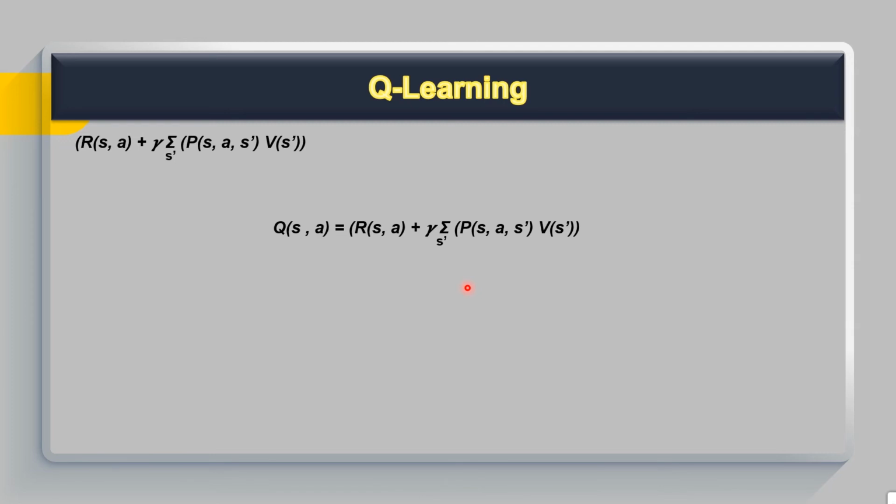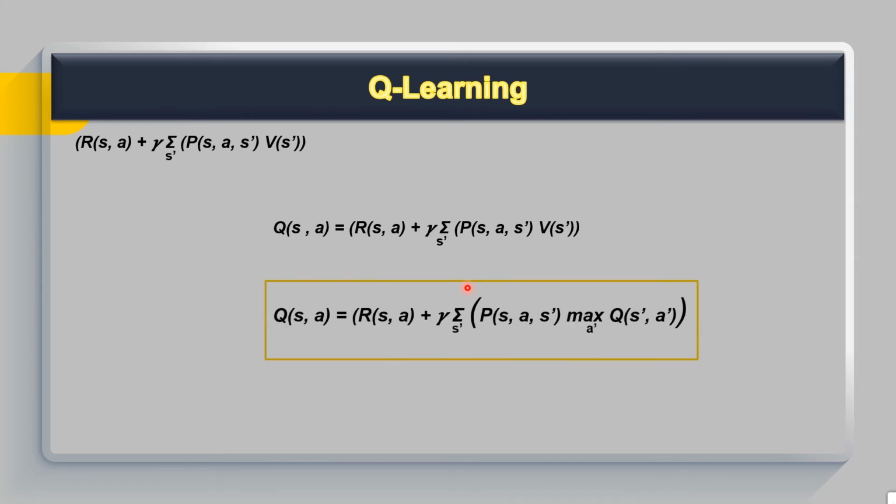So let's utilize this fact and replace V(s') as a function of Q. So Q(s, a) becomes R(s, a) plus gamma of the summation of P(s, a, s') and the maximum of Q(s', a'). So the equation of V is now turned into an equation of Q, which is the reality. But why would we do that?